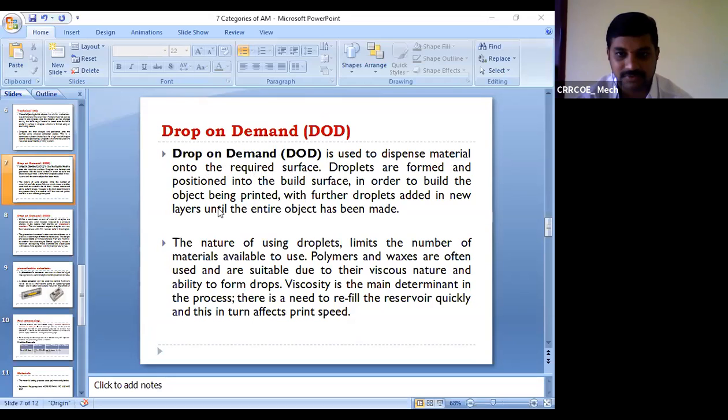The object is built by drop-by-drop material deposition. The material must have a viscous nature.